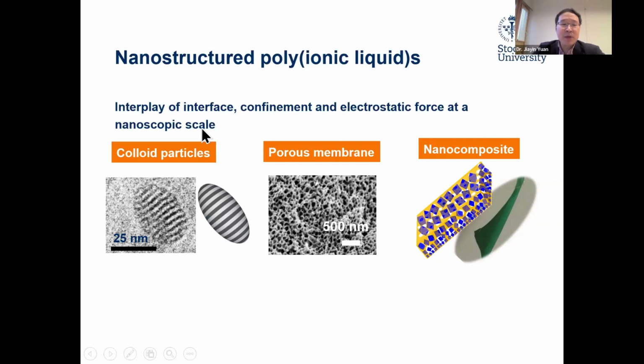Here we touch colloidal nanoparticles, nanoporous membranes, and also the nanocomposite. In the next 40 minutes, I would probably focus only on the first two, leave the nanocomposite perhaps for the future. So we will first introduce our work on the colloidal particles and then followed by the porous membranes. As I said, it is a kind of storyline for almost a decade.